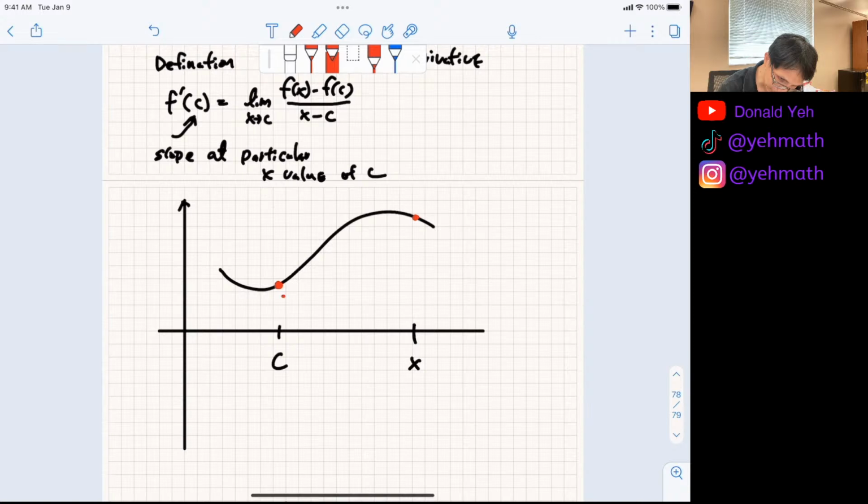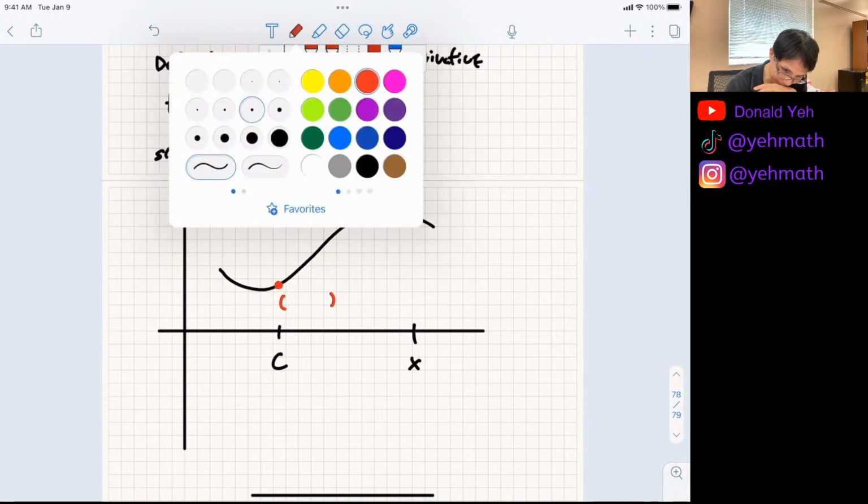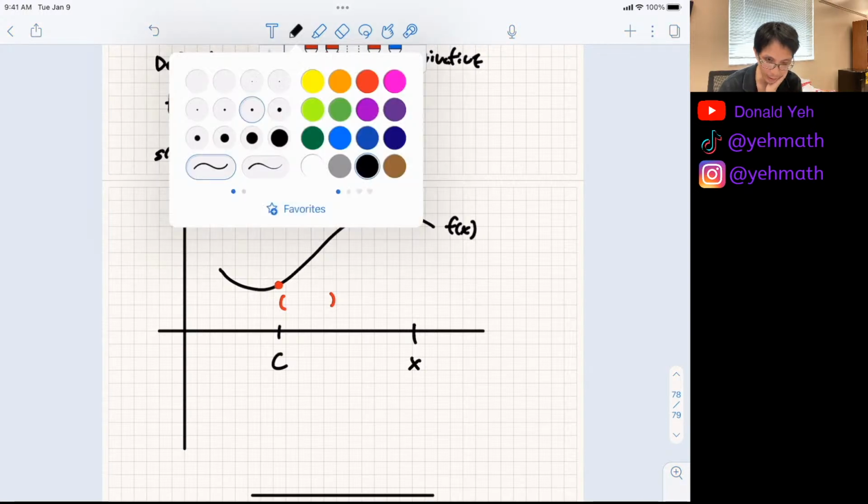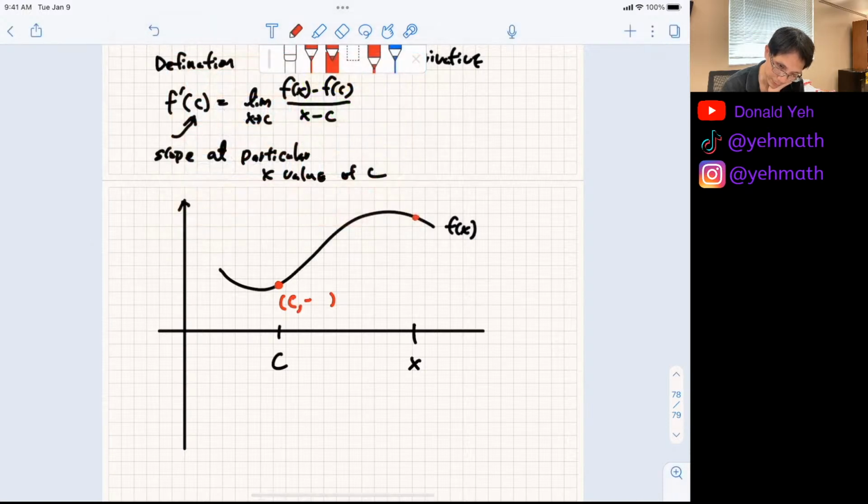What will be the coordinates of the first point, if this whole thing is f of x? F of c? No, that's not a coordinate. Coordinates are x and y: c comma f of c. And this point is going to be x comma f of x, right?